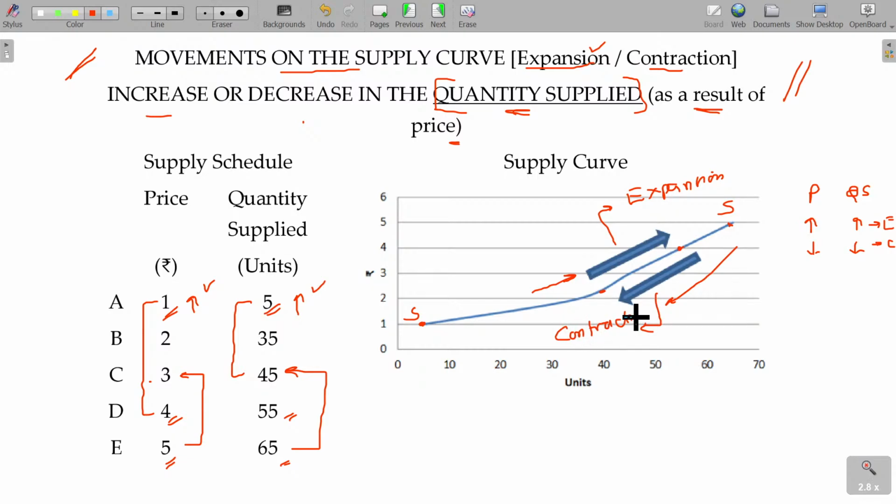Expansion and contraction are the result of a change in price. We always call that an increase or decrease in the quantity supplied. If the quantity supplied is increasing, that is termed expansion, and in the reverse case it is termed contraction. In both cases, the movement is along the supply curve itself.